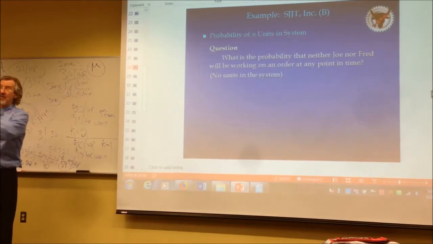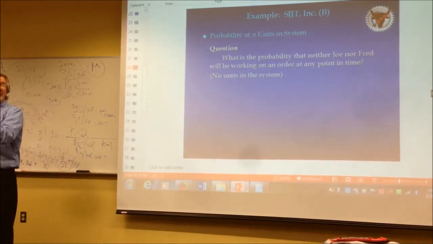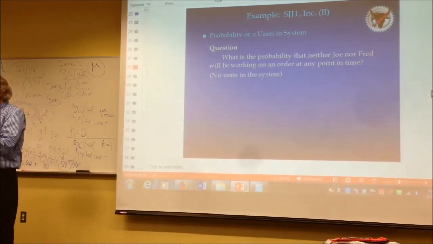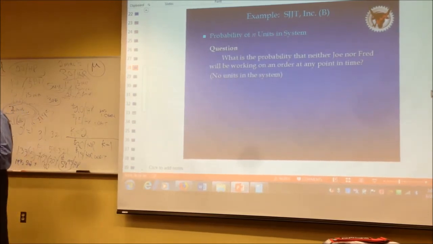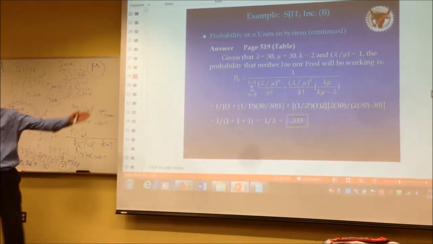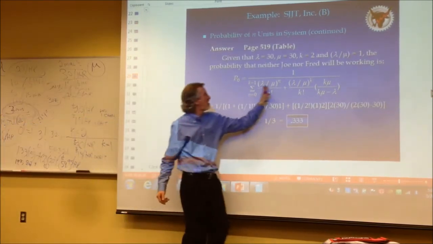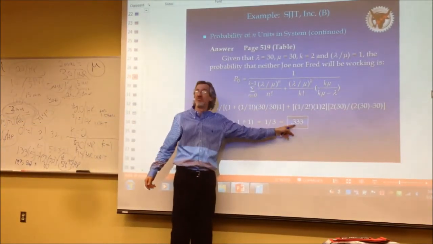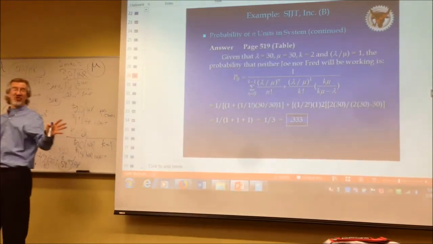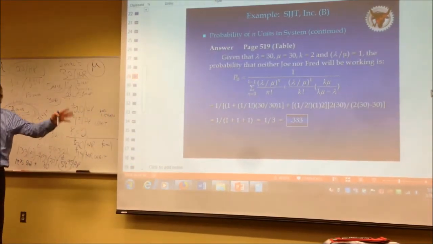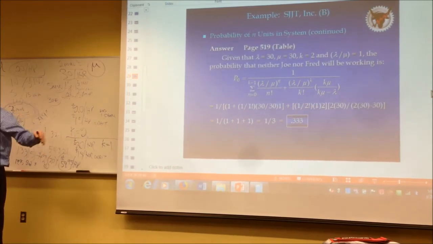The probability of that, we go to the chart. 30 divided by 30 is 1. We go to 1 over to the 2-channel column, and we find a probability of 0.333. Or, here's the formula. You can do all of this, same answer, 0.333. There's a 1/3 chance of them being able to grab a bite to eat, go have a smoke, whatever it is they do.